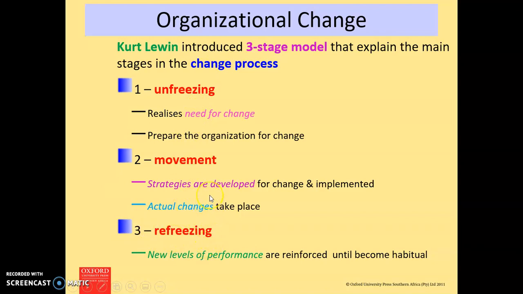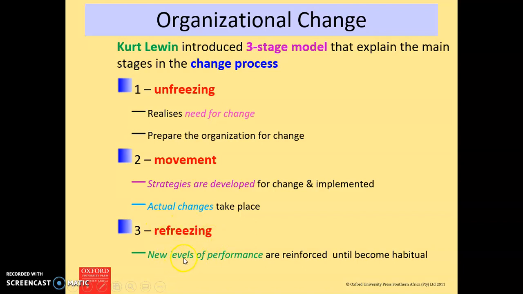If we use the ice cube example, after we liquefied the ice cube, after we changed the ice cube from frozen into melting ice, into liquid, we need to make the change permanent. We have to refreeze it.